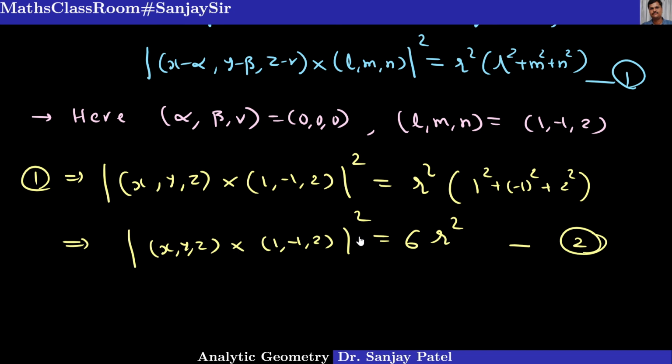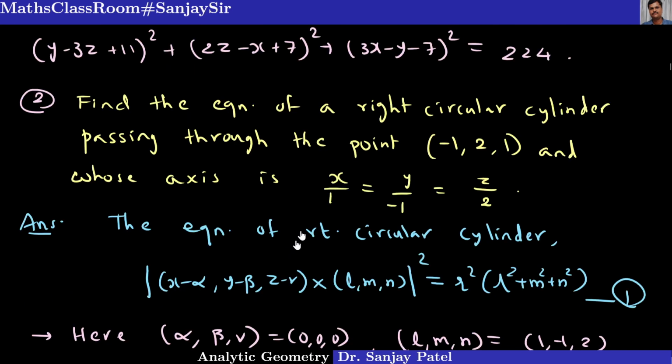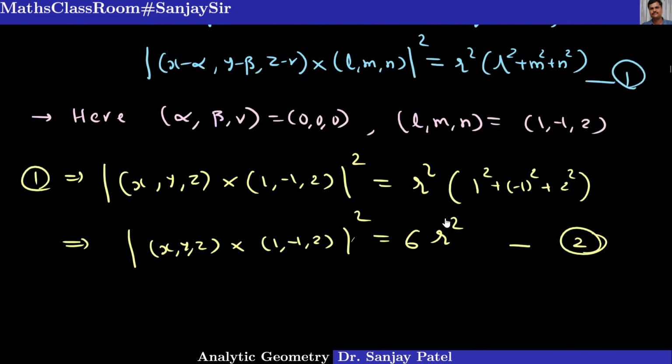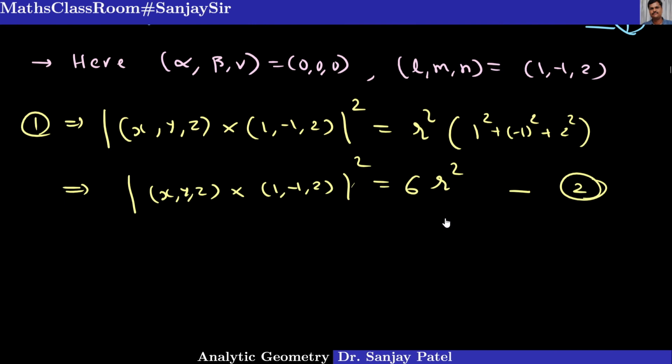Okay. Now to find the value of r, we use another condition given in the problem, that the cylinder is passing through the point (-1, 2, 1). That means this point will satisfy equation 1 or 2.